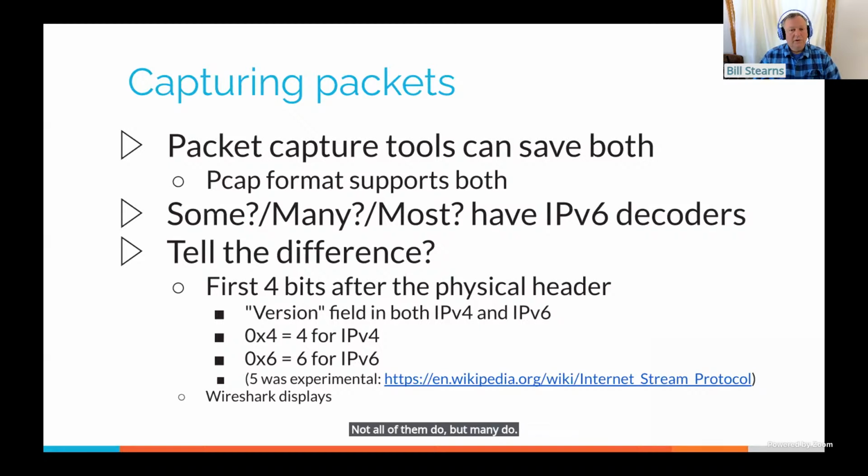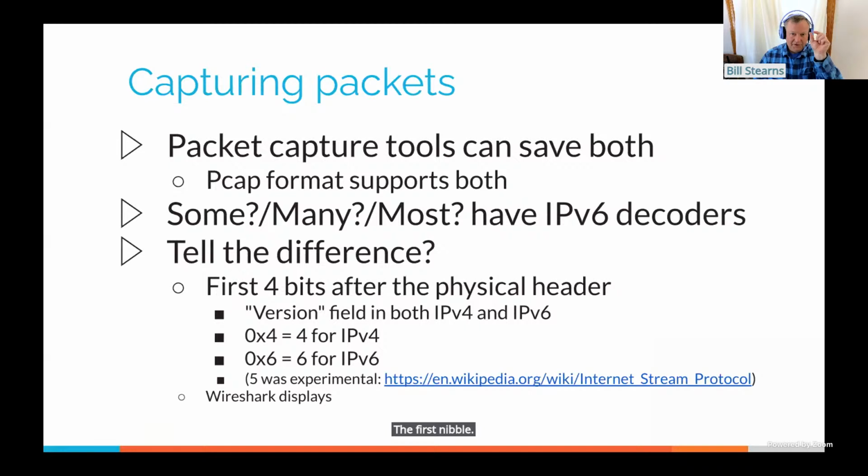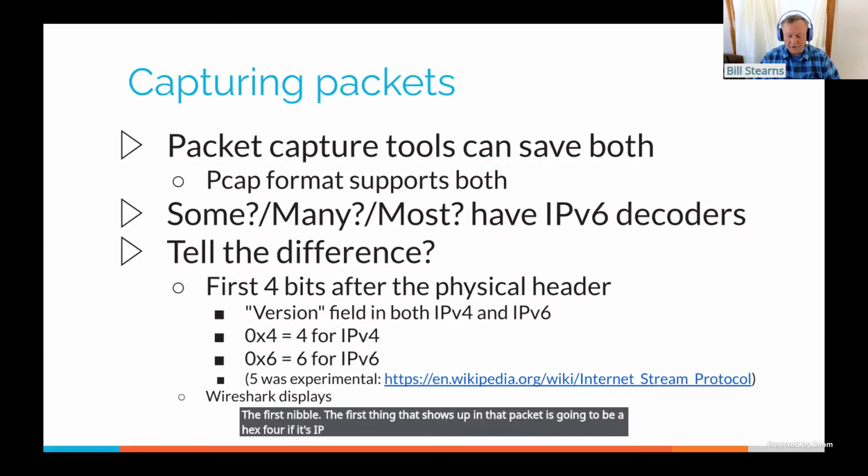So when you're looking at an IP version 4 packet, you're going to see the version field very early on in the display. The first nibble, the first thing that shows up in that packet, is going to be a hex 4 if it's IP version 4 and a hex 6 for IP version 6.